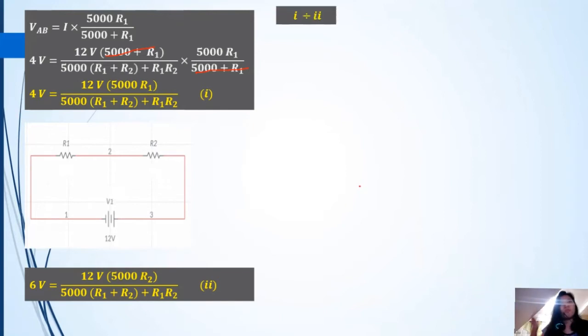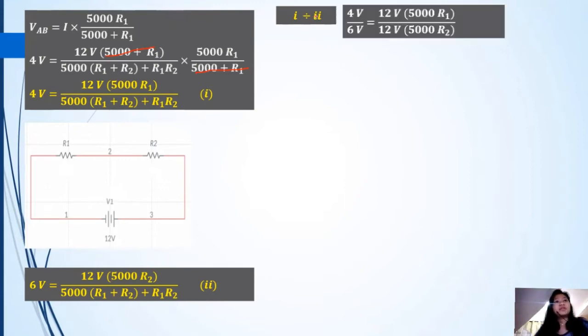Next, we will divide the first equation by the second equation. So we have here the first equation, 4 volts divided by 6 volts, equal to 12 volts times 5,000 R1 over 12 volts times 5,000 R2. Since they have the same denominator, it will be cancelled.